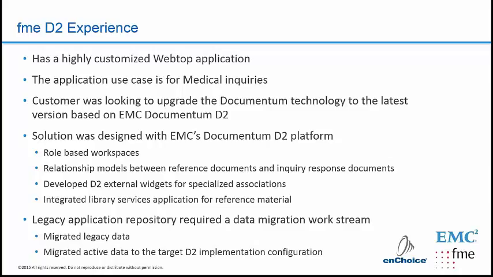So that's one scenario. In addition to that, if you want to coexist within a repository, a WebTop application and a D2 application, and you don't want to move anything around, you're doing an in-place, if you will, upgrade, we can migrate your documents within your existing repository and scope it so we could segment that data set that should be D2 aware. We're able to target that data set, just to note.